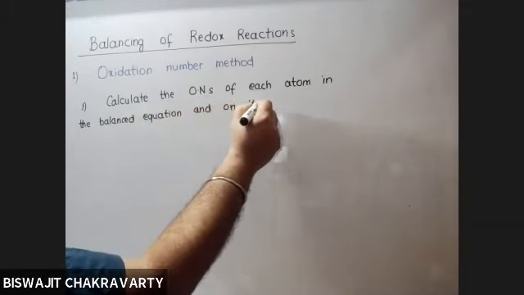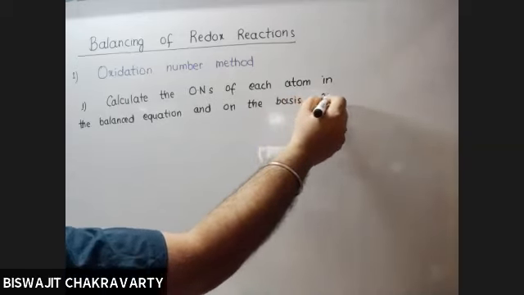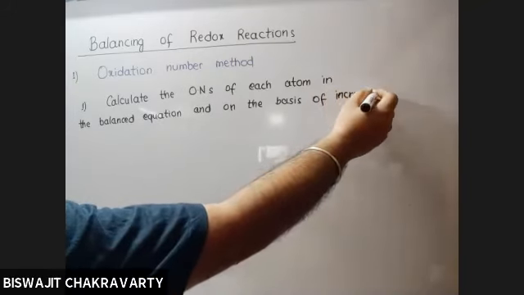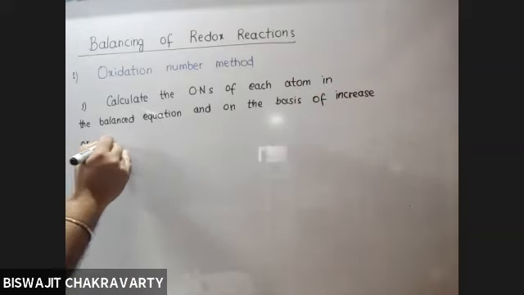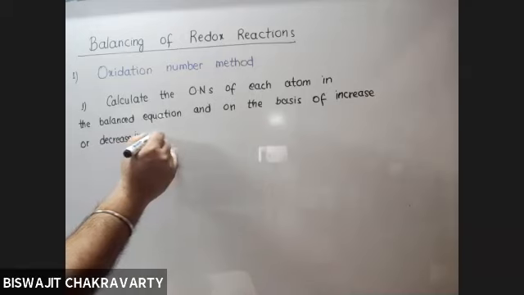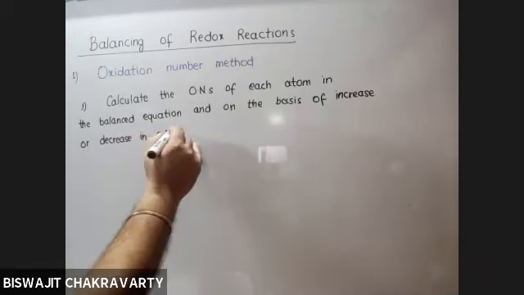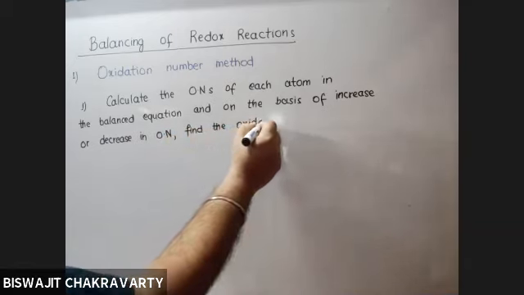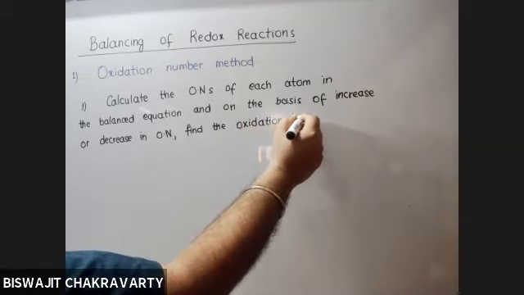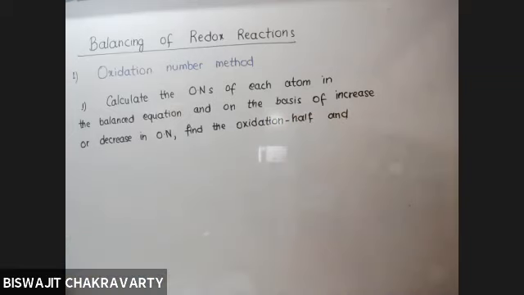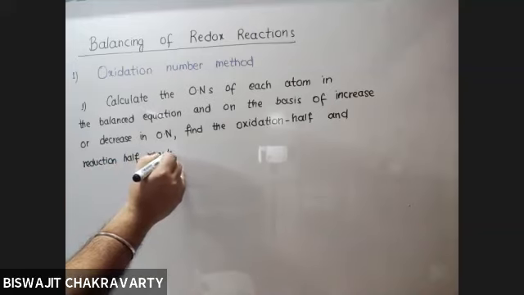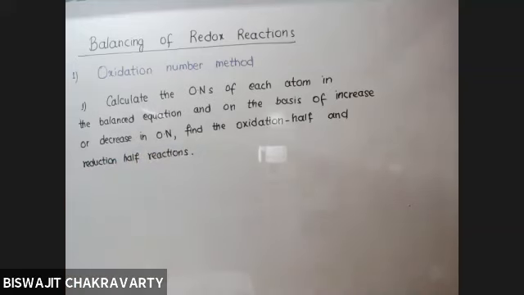And on the basis of increase or decrease in oxidation number, find the oxidation half and the reduction half reactions. Clear?